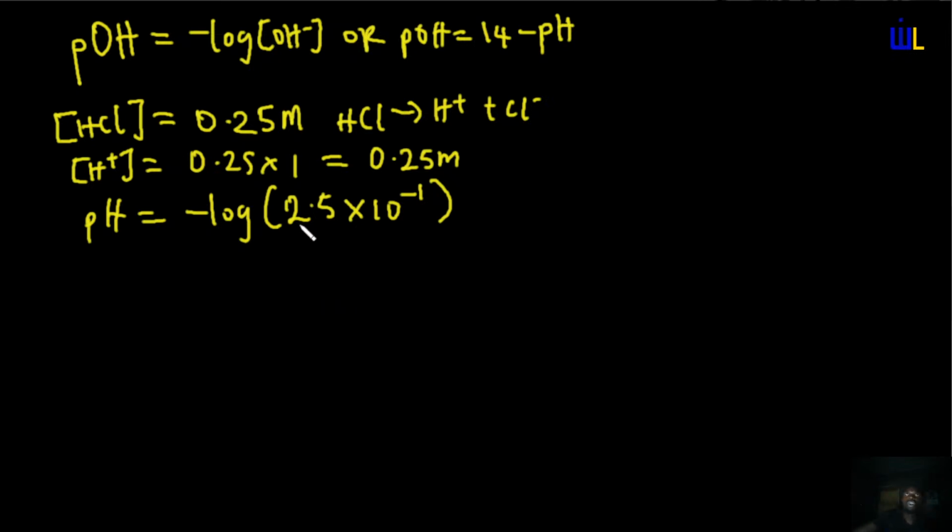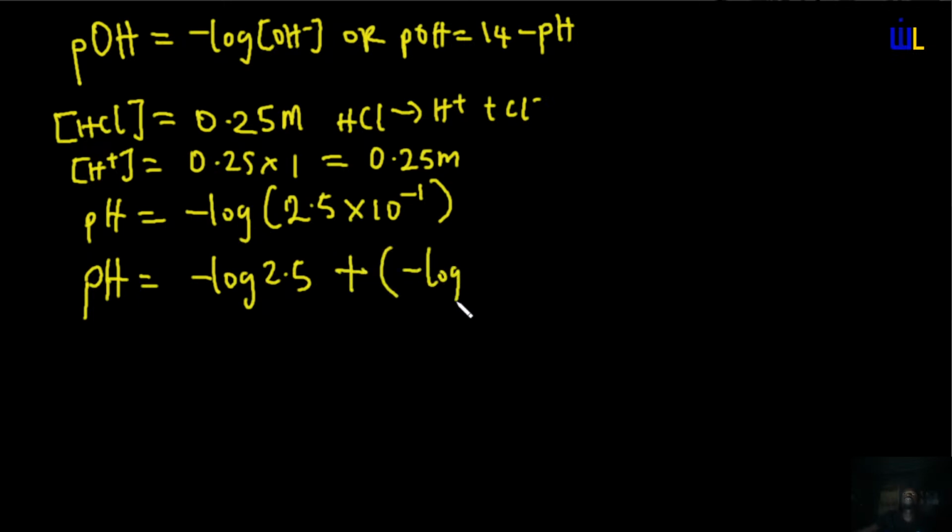So let's continue. Now applying the principle of log, we need to open this first. So if we open it, pH is equals negative log, this will now be negative log 5. Now this times here will turn to a plus, so that this will times this, and then we have negative log 10 raised to power minus 1. Now if we solve this, pH is equals negative log 5 is equivalent to, you can press this in your calculator so that you will get this.